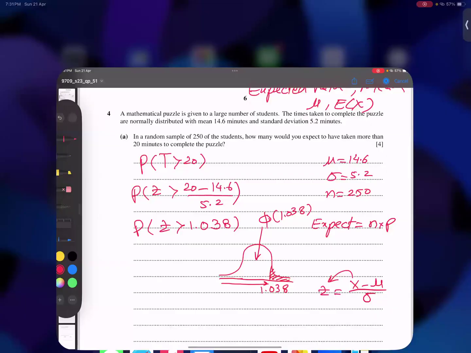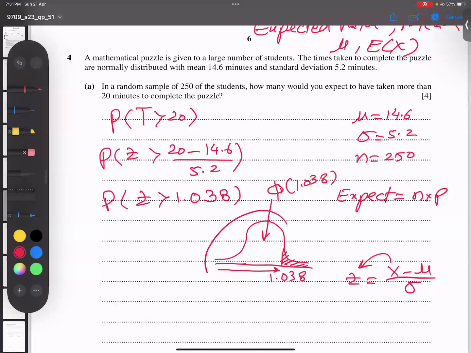Let's go back. I don't need the white region, I need this reddish region, and the full area is 1. So 1 minus phi of 1.038, which is 1 minus 0.8504.